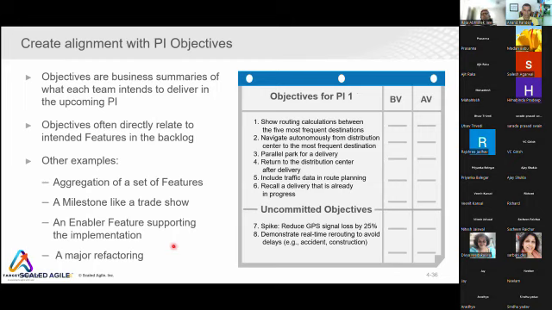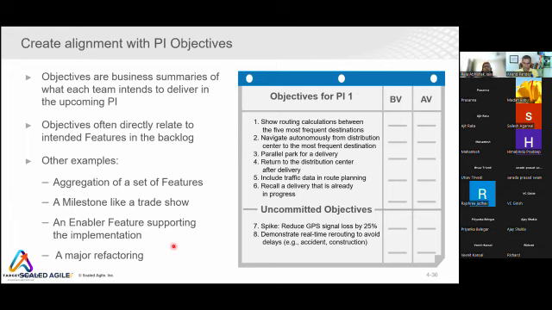So that 2 weeks is a busy agenda. You can do a lot of things in 2 weeks, but you will not deliver anything in that period. That is a non-deliverable sprint, called the innovation and planning sprint. So that happens after every 5 iterations, if you have a 6-iteration PI.